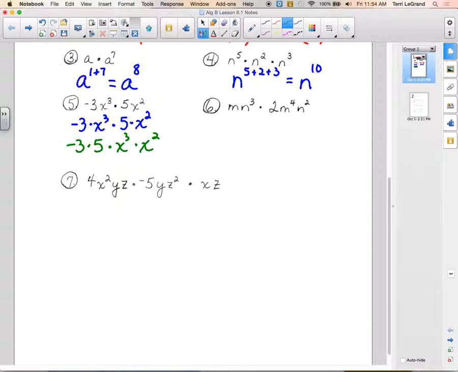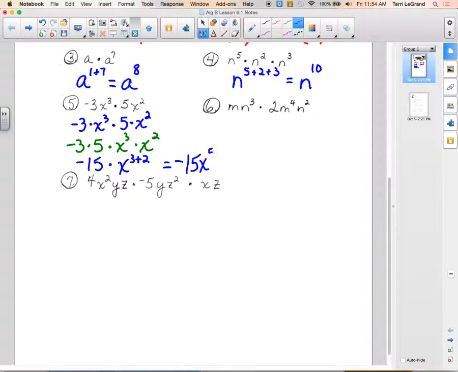What is -3 times 5? -15. -15 times x to the, now we have to show our work here, x to the, JC? 3 plus 2 power. And so now we're going to say that our answer is, Ariel?